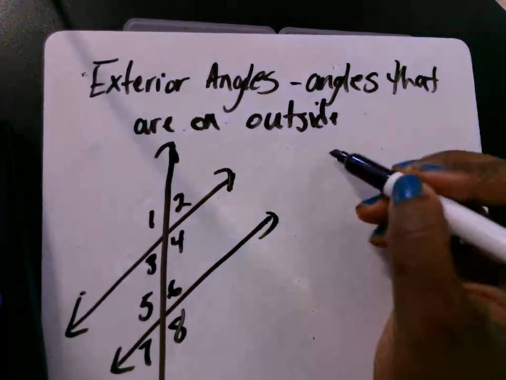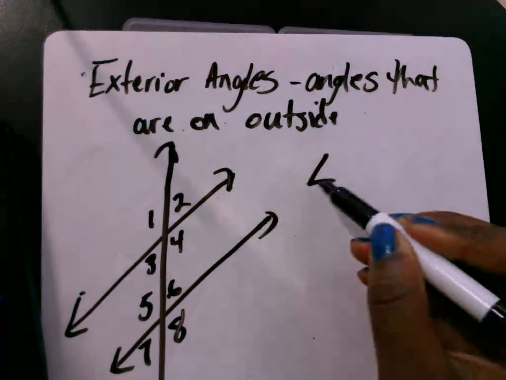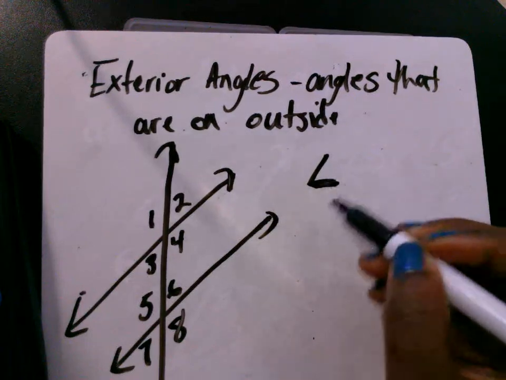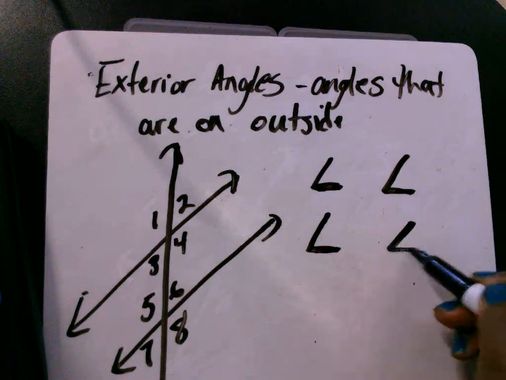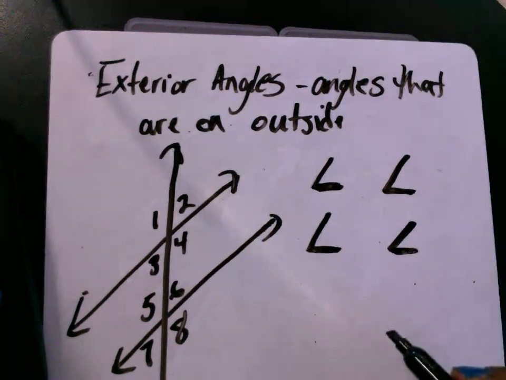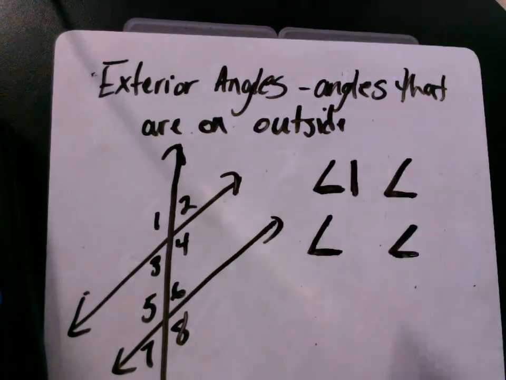There are 4 that are on the outside. Remember, the angle symbol looks like this, not a less than sign. This is flat. Give me one. 1. Give me another one. Alyssa, which angle's on the outside besides 1?